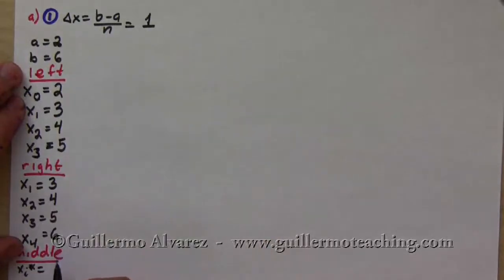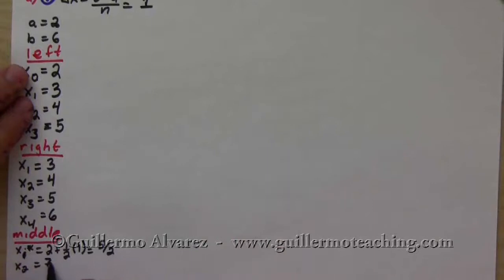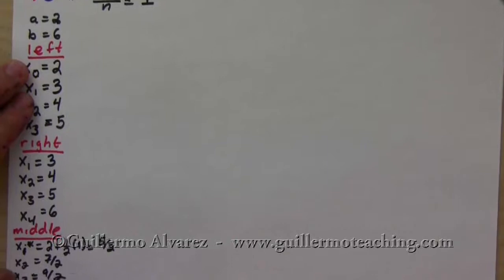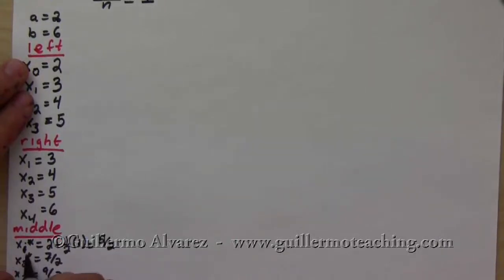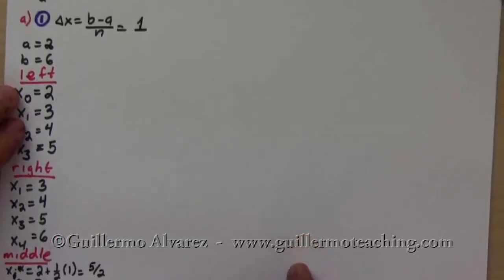This is your left endpoint plus 1/2 of delta x, which is 1. That's how we find it. So this is going to be 5/2. And then the next one, x sub 2, is going to be another delta x from that, so that's 7/2. X sub 3 is going to be 9/2. And x sub 4, sorry, these are all starred, x sub 4 star is going to be 11/2. Okay, now that's how you find the x values.